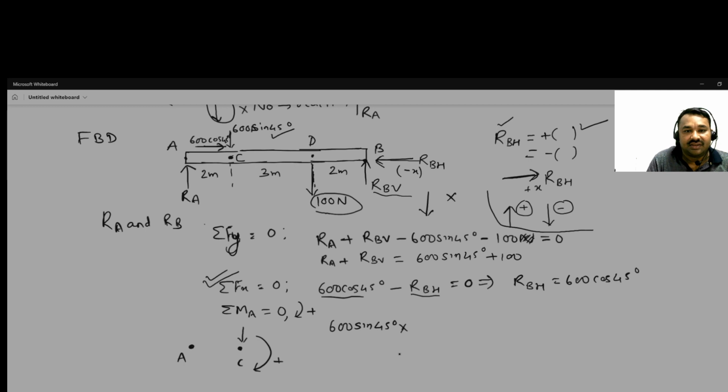What about the force acting at D? Similarly, here we have to multiply this 2 plus 100 into this one, from here to here 2, and from here to here plus 3.